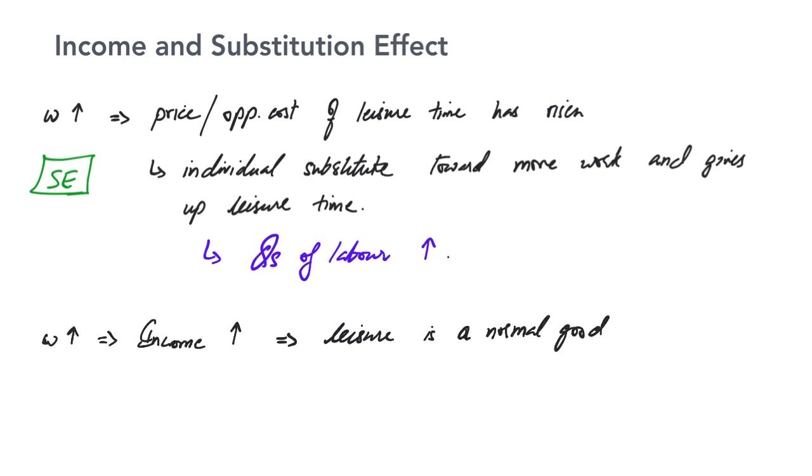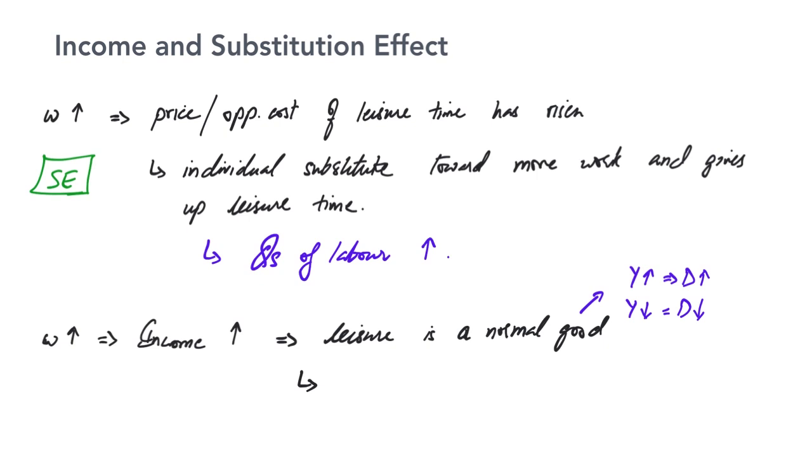And about normal goods, what we have learned in O levels and AS is that when income goes up, your demand for normal goods goes up, and when income goes down, your demand for normal goods goes down. So here, since leisure is a normal good, and with the rising wages your incomes are going up, you as a consumer now are thinking that, you know what, I can afford more leisure time.